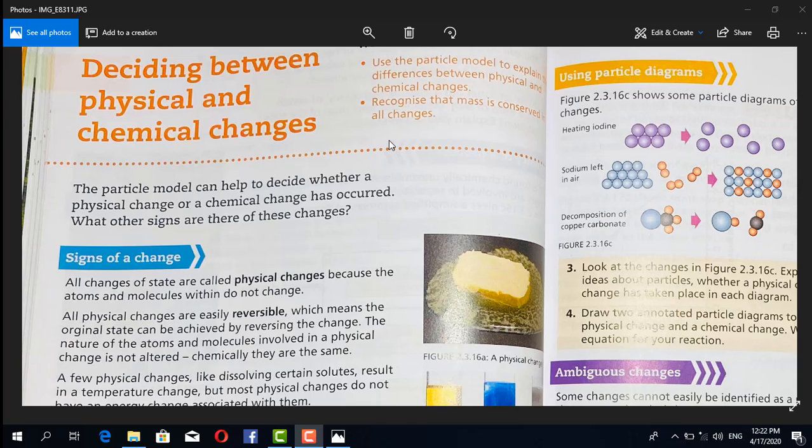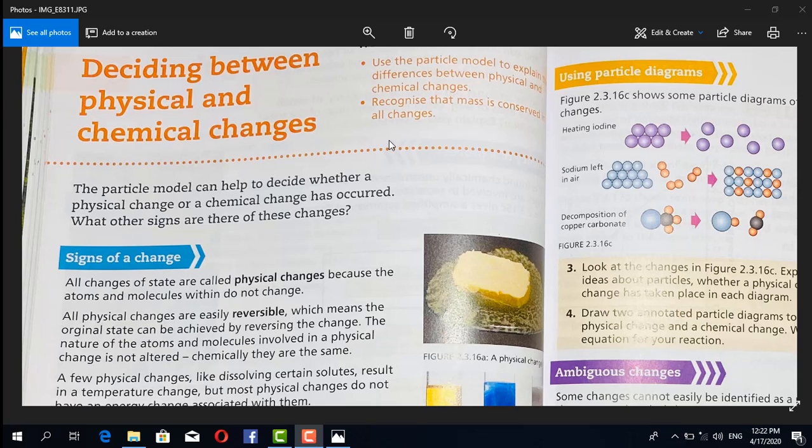As we all know, butter is in a solid state, but sometimes when it's kept at room temperature, it might slightly melt, and especially if it's too hot outside, it will melt completely. This change from the state of being solid to liquid is actually called a physical change.